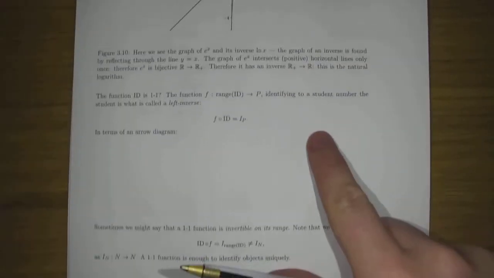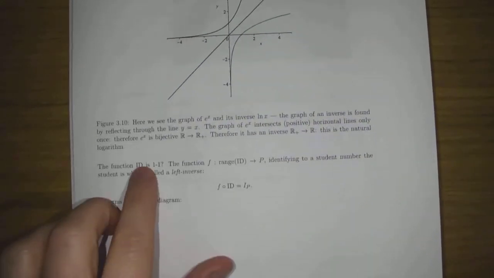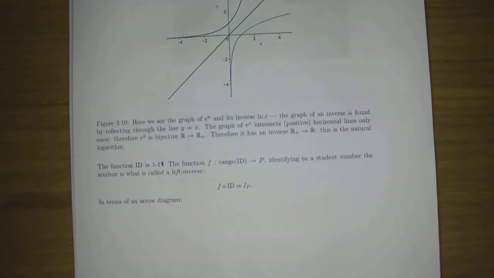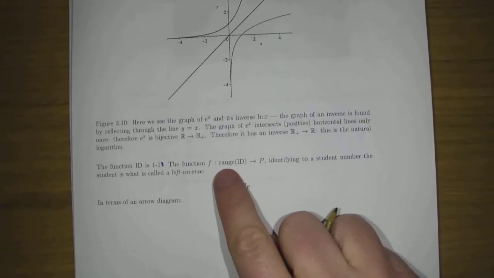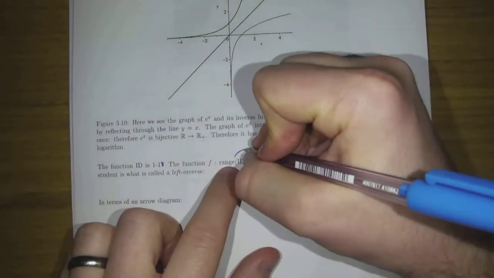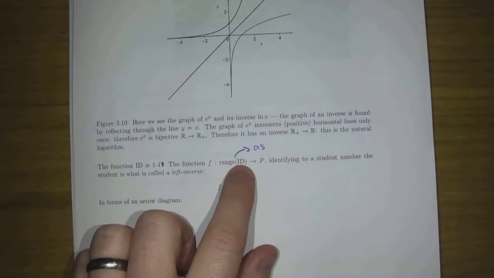Now this remark here is not too important for us. So this function is one-to-one, yes. So what you can do is what's called a left inverse. So you can go from the range of the ID numbers, so these are all the ID numbers that are hit.